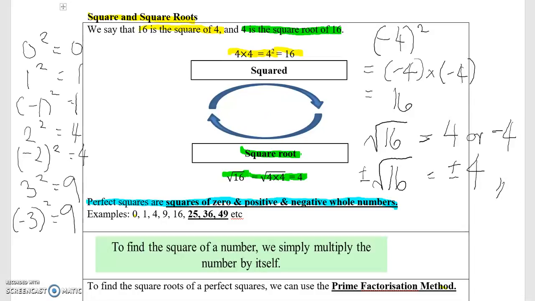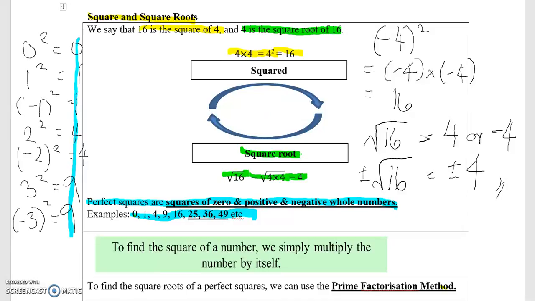All of these numbers are known as perfect squares. Other than that, 16, 25, 36, 49, and so on and so forth are also perfect squares.